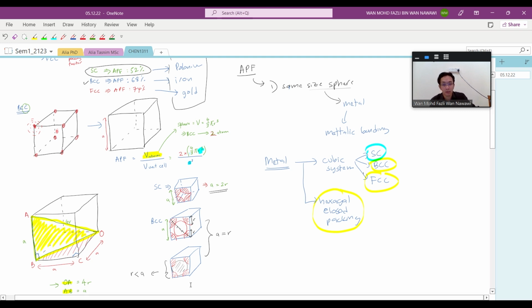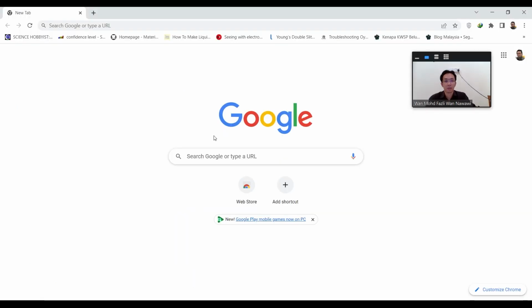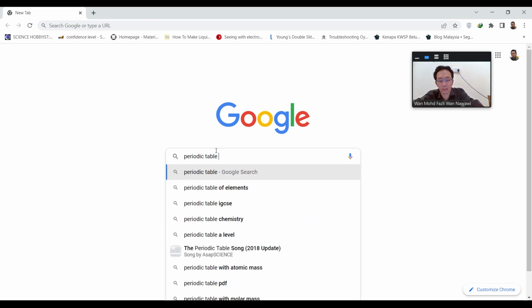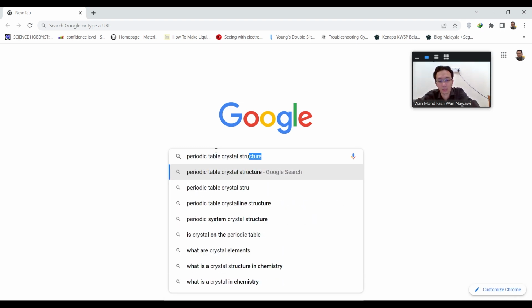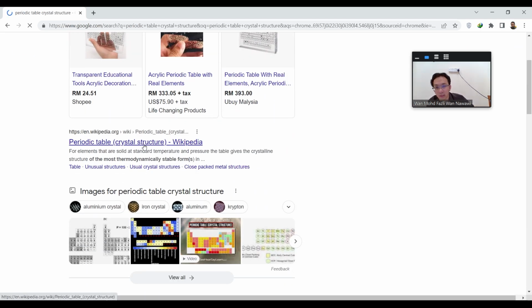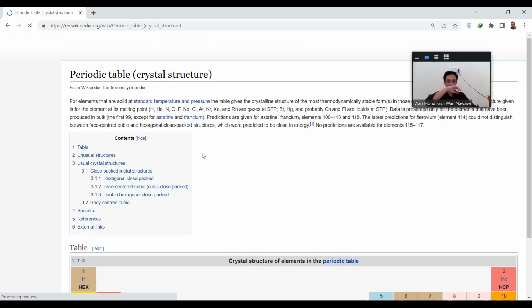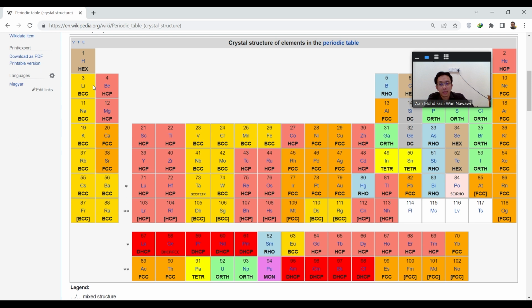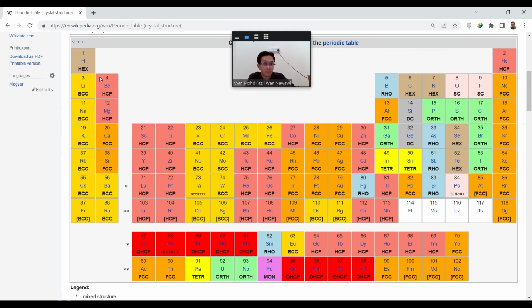So if you look at the periodic table, let's go to the crystal structure periodic table. If you open this, you can see the metals are basically here. We know that metals make up most of the periodic table.